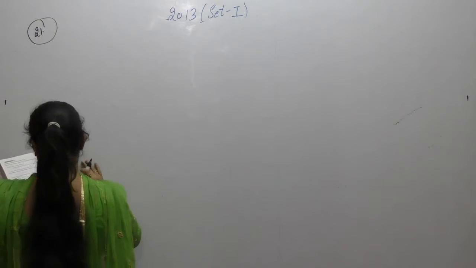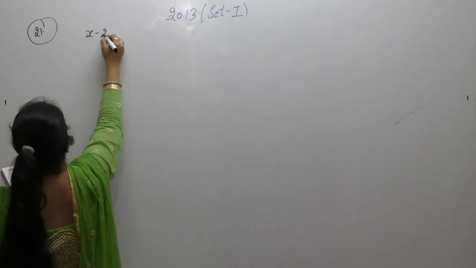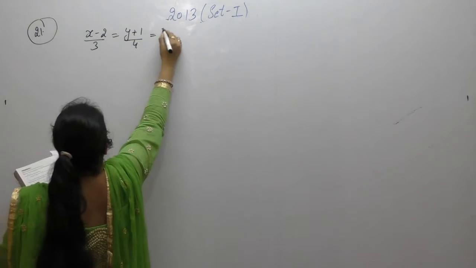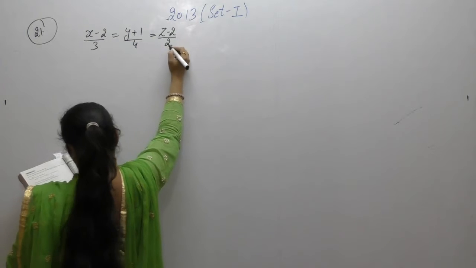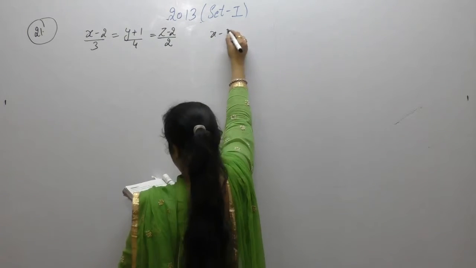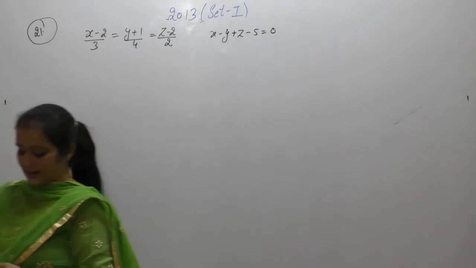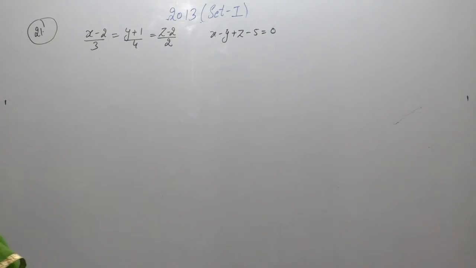Find the coordinates of the point where the line (x minus 2)/3, (y plus 1)/4, (z minus 2)/2 intersects the plane. Also find the angle between the line and the plane.